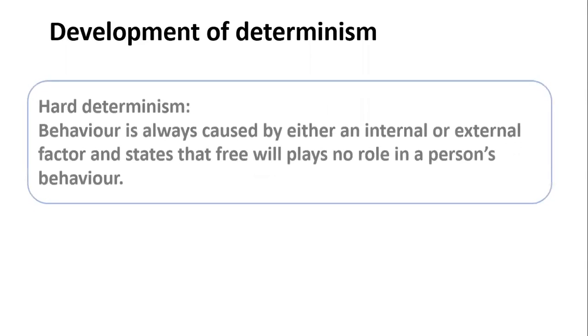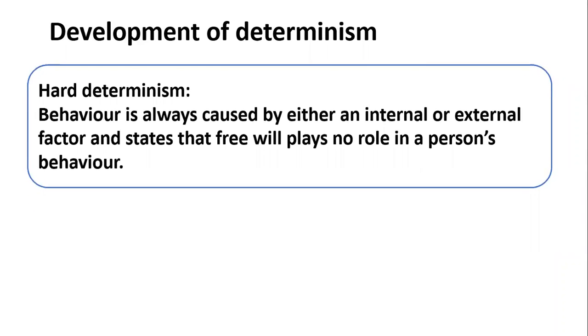Now, we've got two classifications of determinism, hard determinism and soft determinism. So let's understand these a little bit further. And remember, you can add these two terms to your research method glossary. Now, hard determinism states that behavior is always caused by either an internal or external factor.